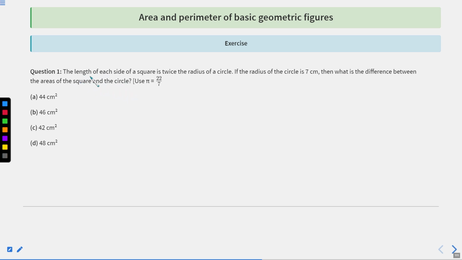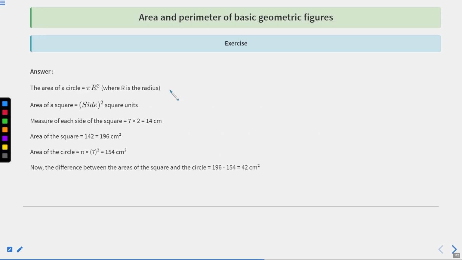There is a circle whose radius is r, then the side of the square is going to be 2r, correct? We are interested in finding the difference between the area of the circle and the area of the square.